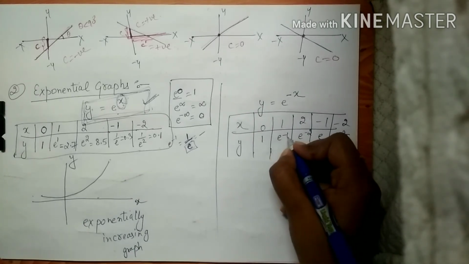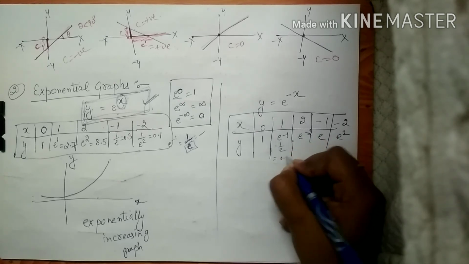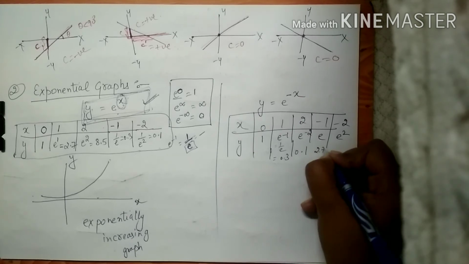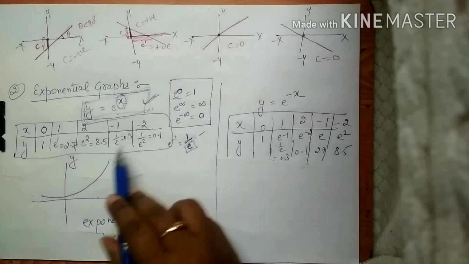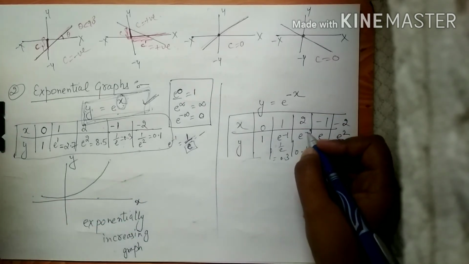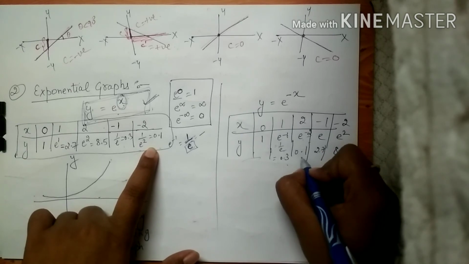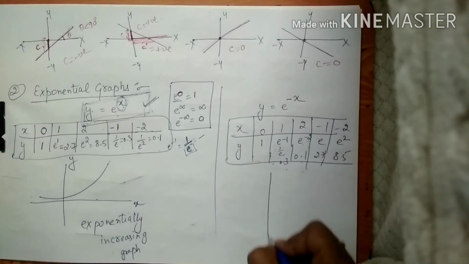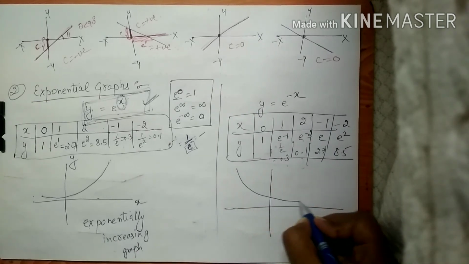E to the power -1 on solving gives 1 by e, and further solving gives 0.3. This will be 0.1, 2.7, 8.5. From here I have taken the same values: for e to the power -1 it is 0.3, e to the power -2 it is 0.1, like that. Now if we plot a graph, we'll get a graph like this.